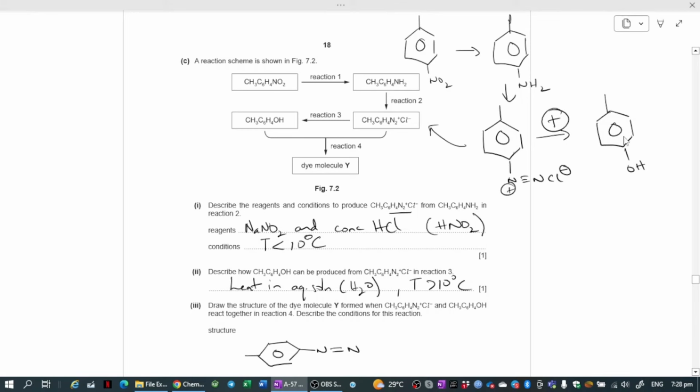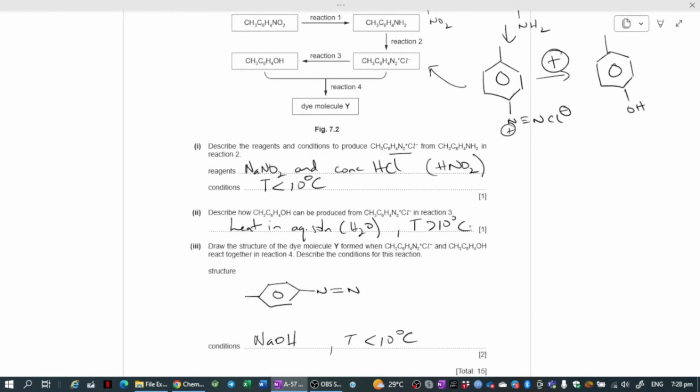I think they wouldn't necessarily penalize you in the exam for this, but you would get this as the compound. I will put my OH here, and my CH3 here. This is the compound that we form, and this is the azo link here. Good.